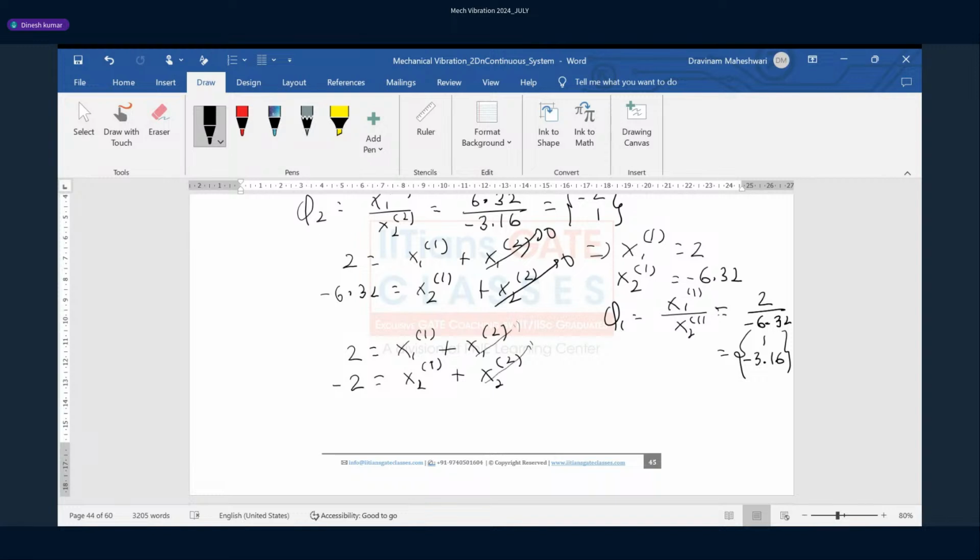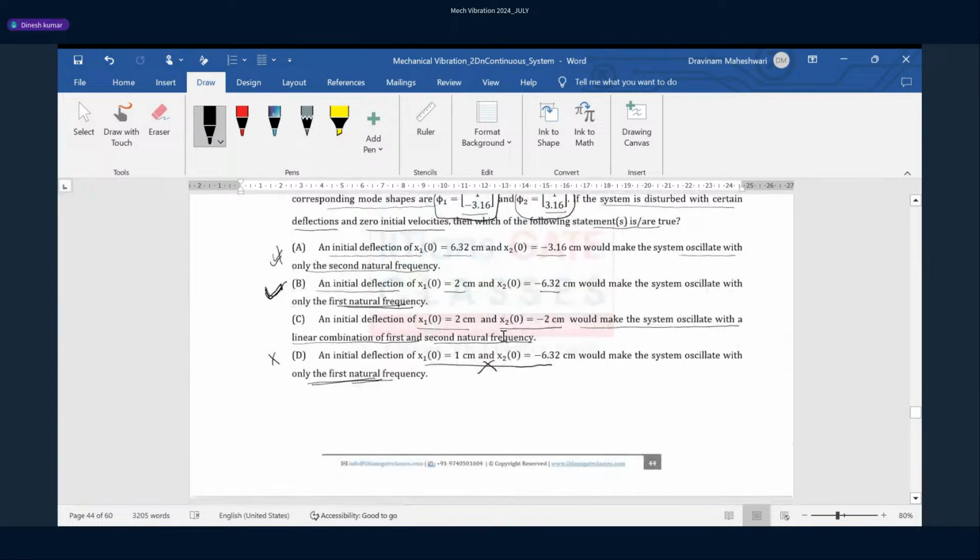This will be 0, this will be 0, right? So in that case, if you check x1 for first mode upon x2 for first mode, from here we'll get 1 upon minus 1, which is not true. Now if your system vibrates only in second mode, we get x1 for second mode upon x2 for second mode, 1 upon minus 1, which is also not true. So that means the system is in combined mode. That is what they have given. So C is also a correct answer.